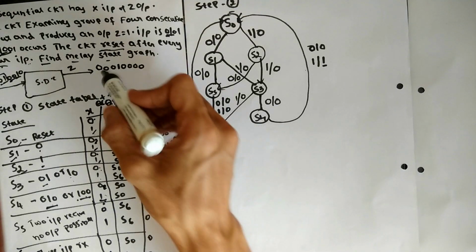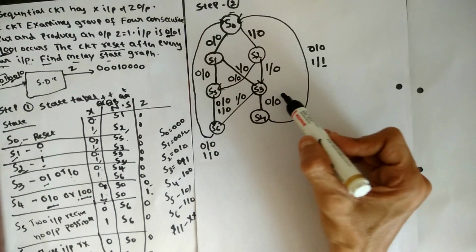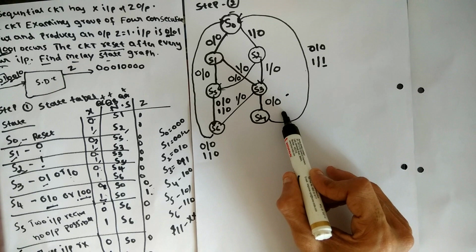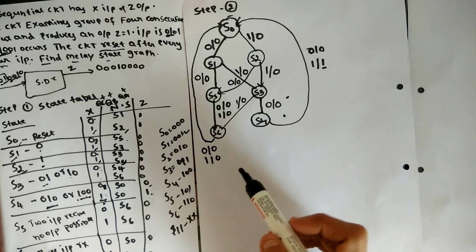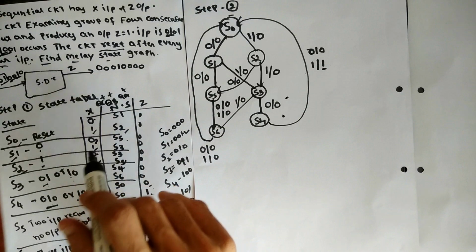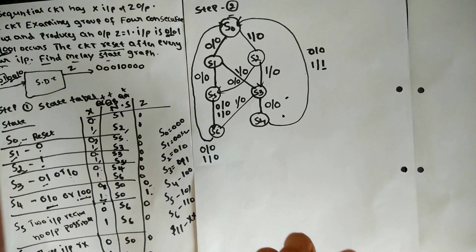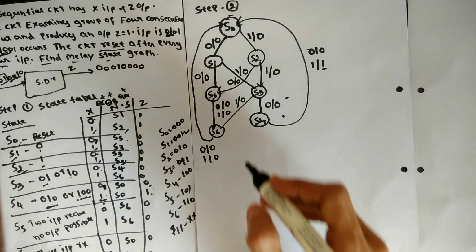I will finish only this, because the example gave only the state graph. So I finished with the state graph and I will end here. If you are interested, you can go with these portions also and do the state table, truth table, K-map and simplification of the K-map. After that, you can do the logic diagram.